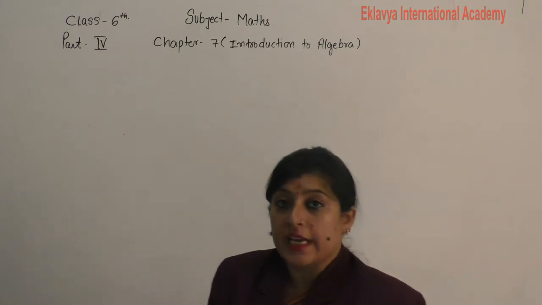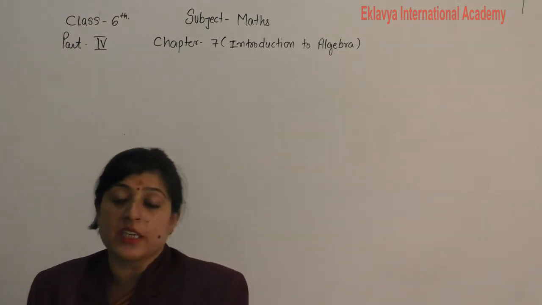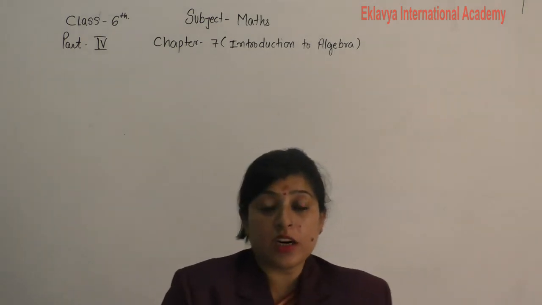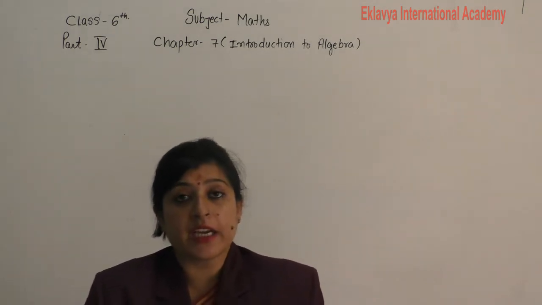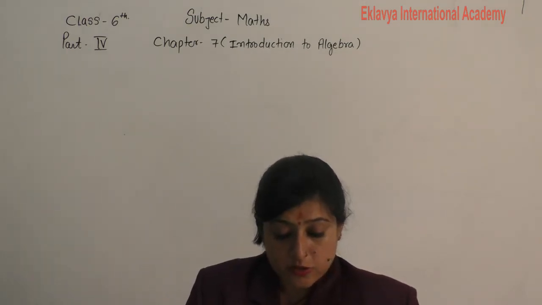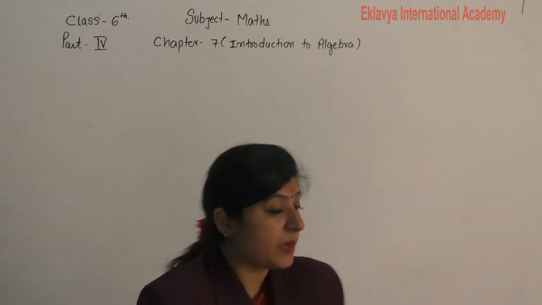table. हमें n की values given है बहुत सारी. According to the value of n, we have to find out the value of the algebraic expression. See the first part of the question: n plus 3.